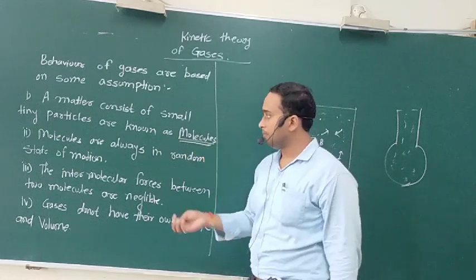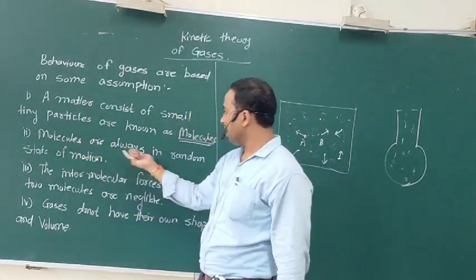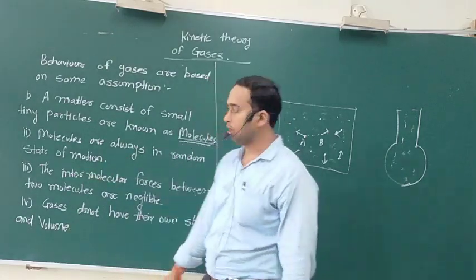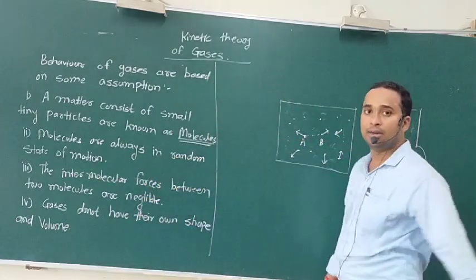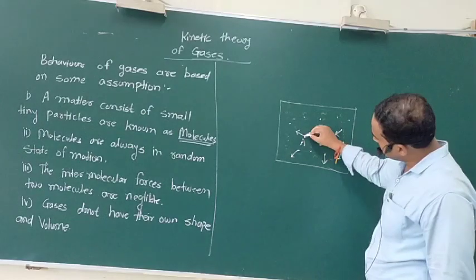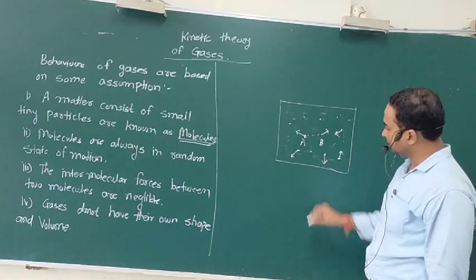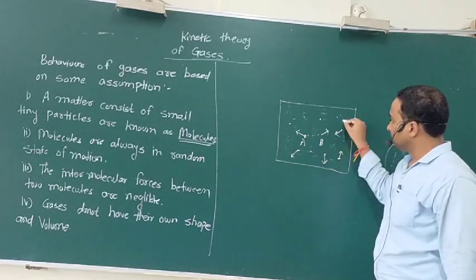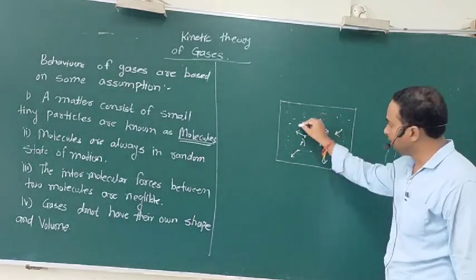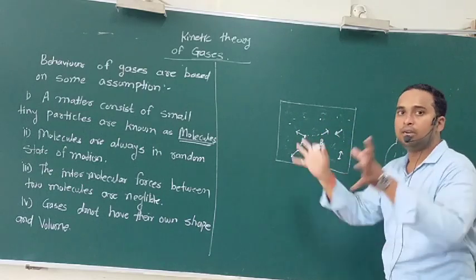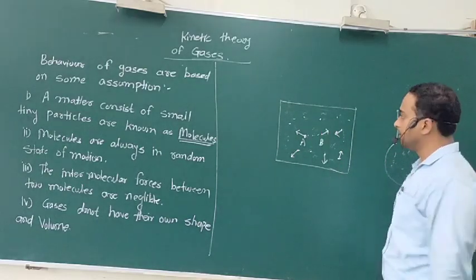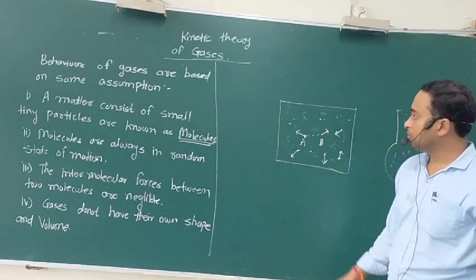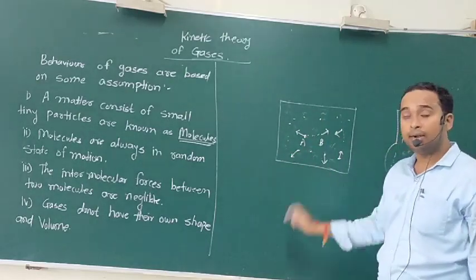Next, the gas molecules are always in a random state of motion. This molecule is moving in this direction, this molecule is moving in this direction. So different molecules are moving in different directions. That means these molecules are always in random motion.